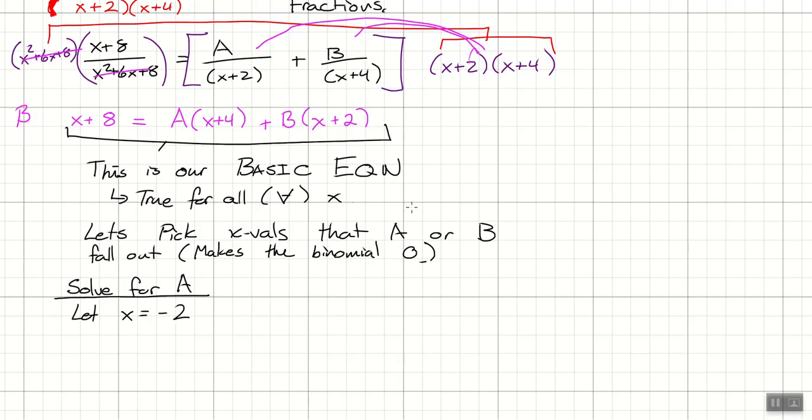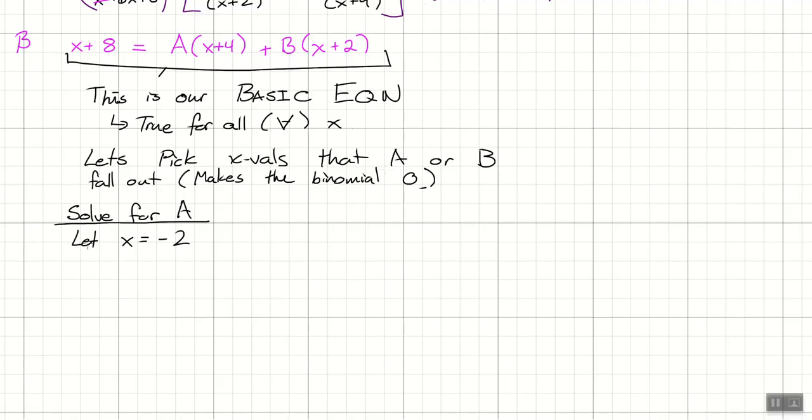I think that's going to work. Let's check. If I plug in a -2 for every x, and you guys can mental math this if you want to, we get -2 plus 8 on the left equals a times -2 plus 4 plus b times -2 plus 2. I am just plugging in x into our basic equation. Okay, this piece, gone, because it's b times 0.